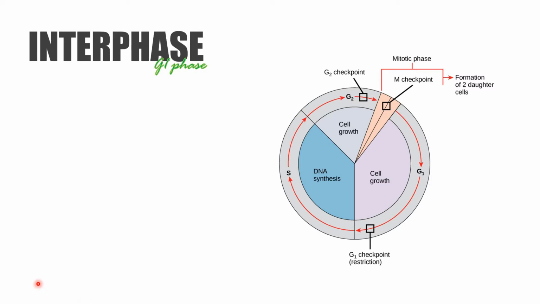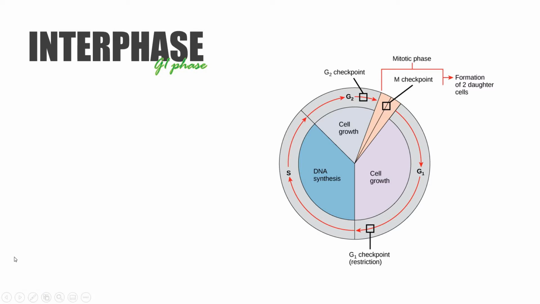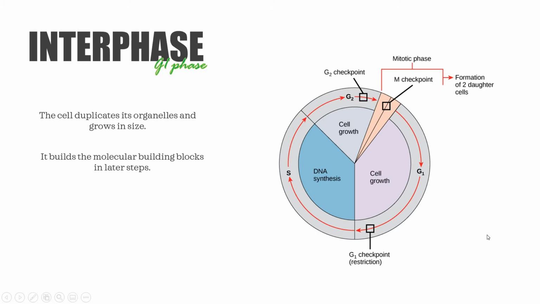Now, we start the discussion with the interphase, the first part, which is G1 phase. For G1 phase, we take note of the words cell growth. The cell duplicates its organelles, and then it also grows in size. Because the cell is duplicating its organelles, syempre, ang magiging resulta nun is mangangailangan na mas maraming space.